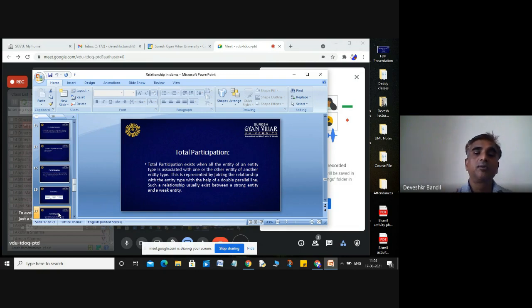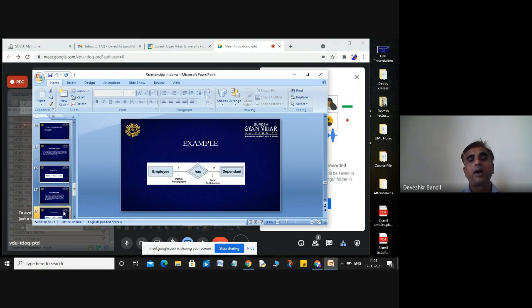This is represented by joining the relationship with the entity type with the help of a double parallel line. And such a relationship usually exists between a strong entity and a weak entity. Okay, I had already told about the weak entity, and now I am taking the example of total participation.